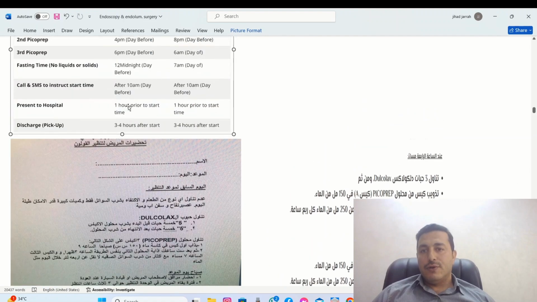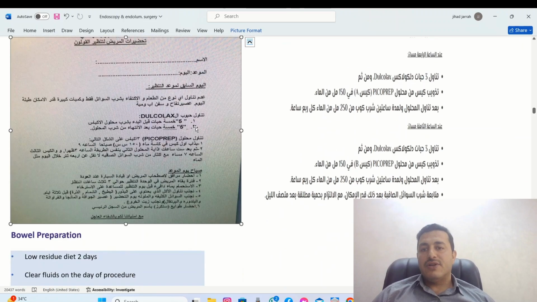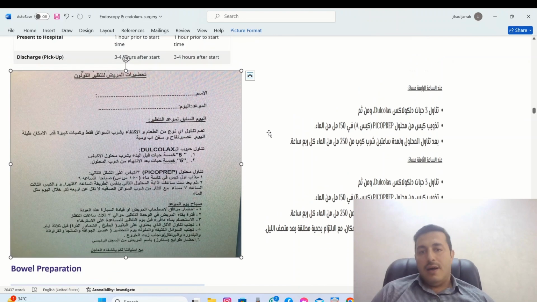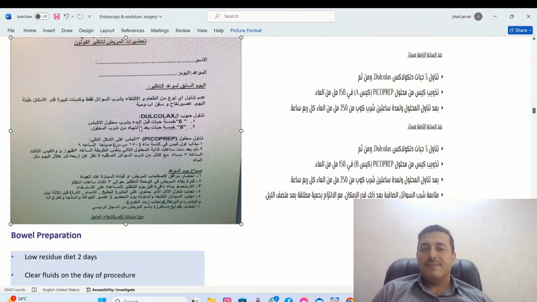Okay, there is nothing to add here. This is an instruction from the hospital where I work, and I can just translate it to you. The day before the colonoscopy, do not eat any type of food, just drink a large amount of liquid as tolerated, such as apple juice, 7-Up, or water.